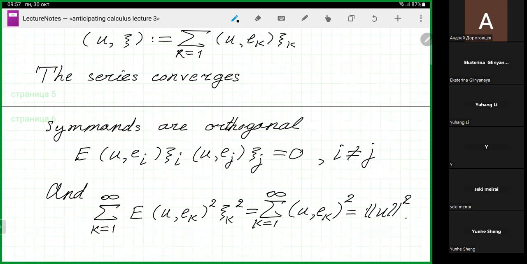So we have a classical case of an L2 convergent series, but let me recall the theorem from probability theory. If we have a series of independent random variables with zero mean and finite second moment, and it converges in square mean, then it converges in the almost sure sense.